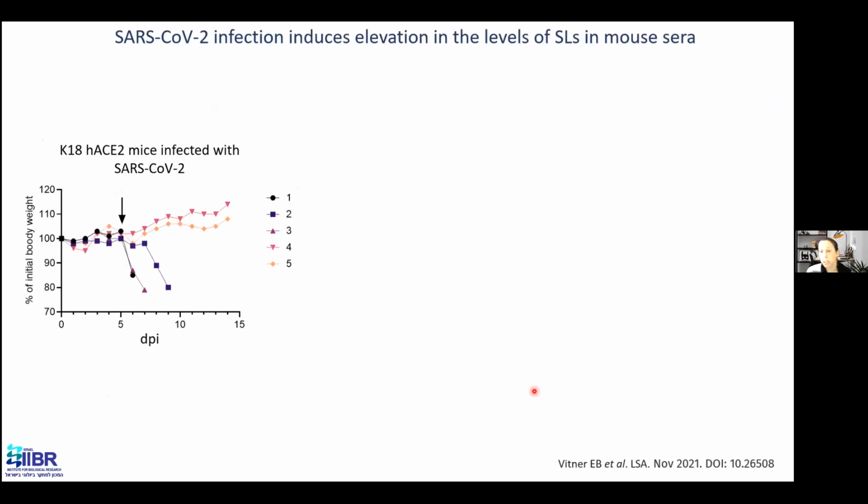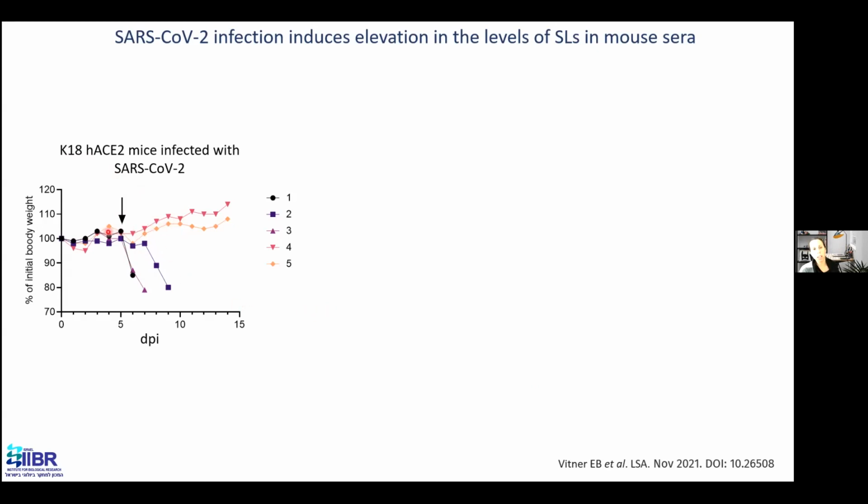So then we wanted to see again if we see this elevation also in vivo in mice. So we infected K18 humanized ACE2 mice with SARS-CoV-2, and 5 days post-infection we took their serum to measure. Now, interestingly, we took 2 mice that had no disease, no phenotype at all.